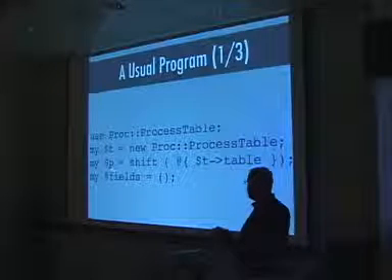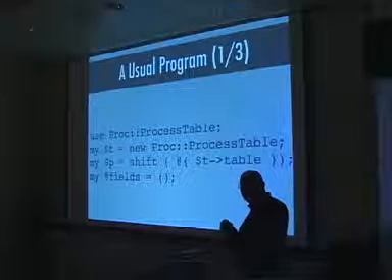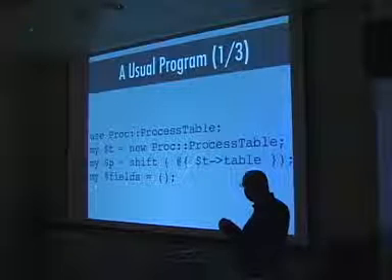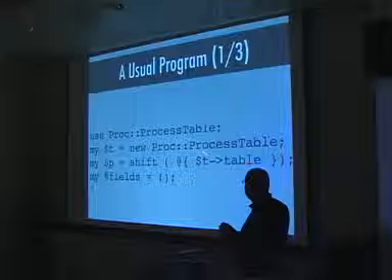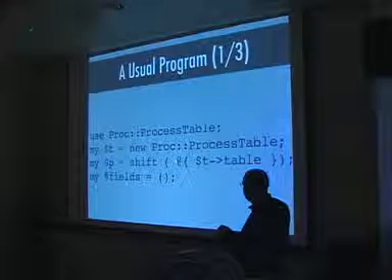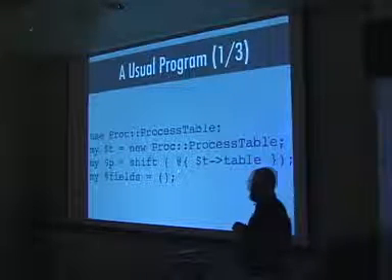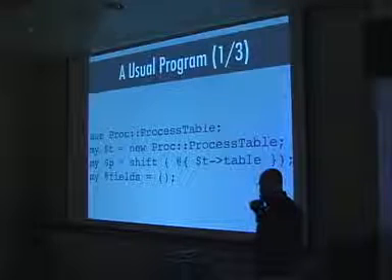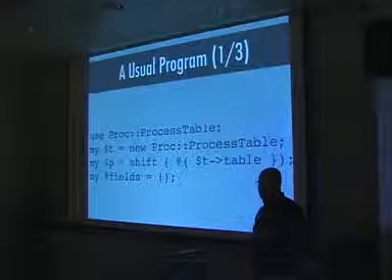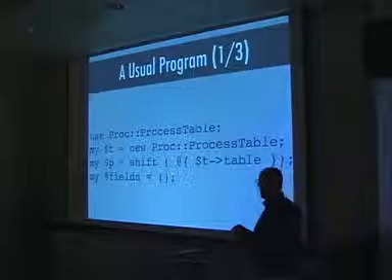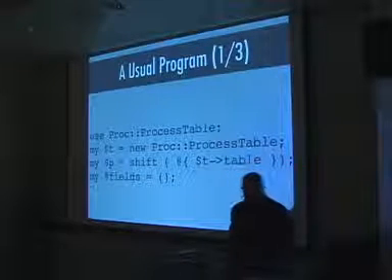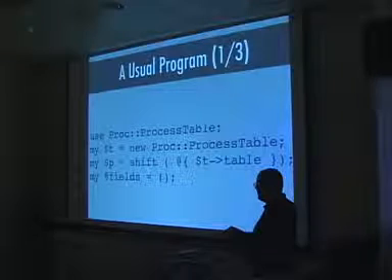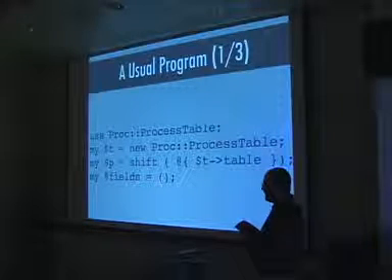Then we have to do something blecherous because apparently the fields shift depending on whether you actually looked at the table or not. I'm not exactly sure why this is, but this is what I did to get it working. And so a process table will have some fields, and we'll start with an empty array.